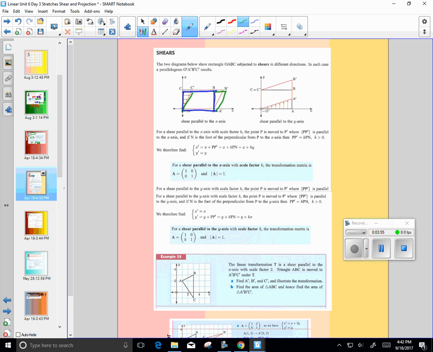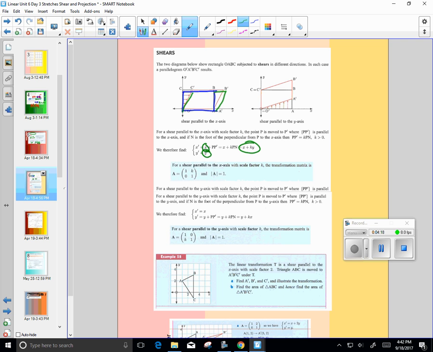So thinking of it this way, here's your x plus ky, and the other is the same y. So this one here, your x changes. You still have your original x, and then it's going to be moved k times y, times that amount.